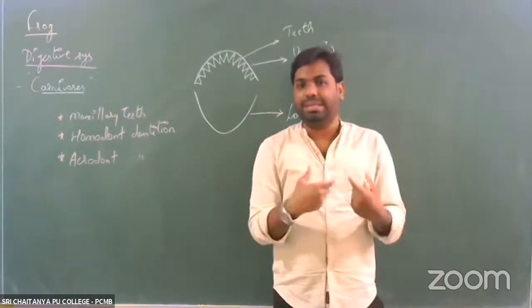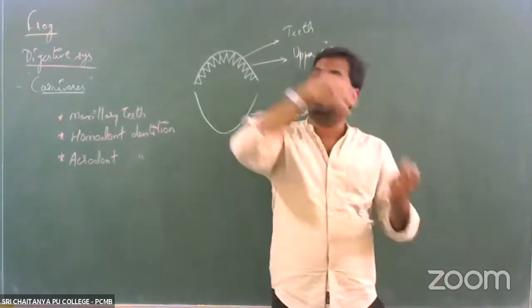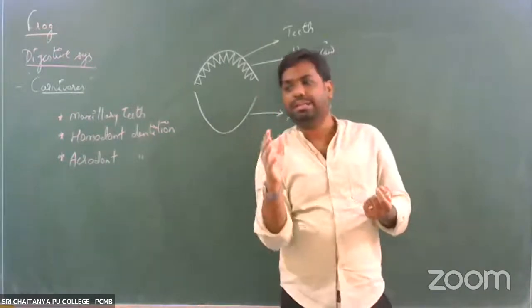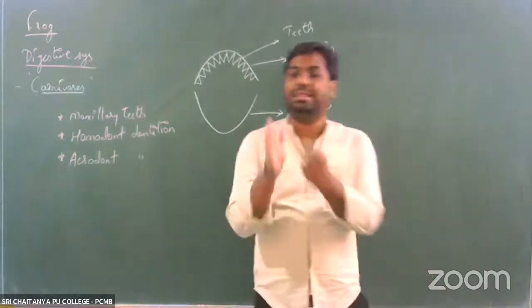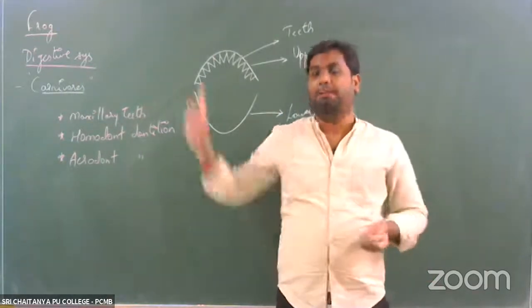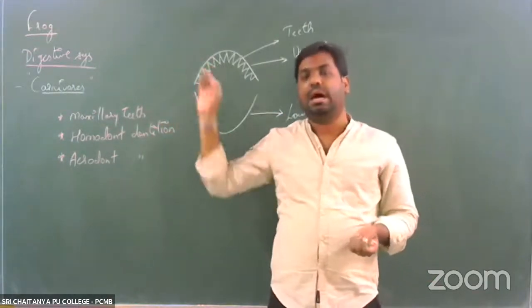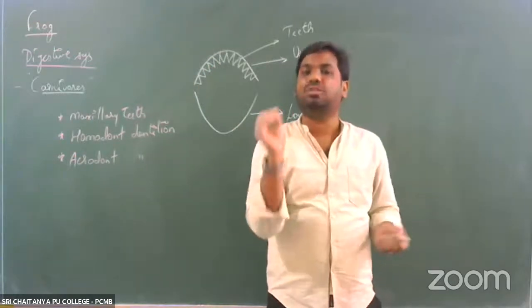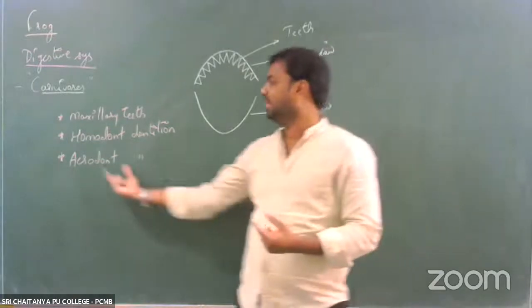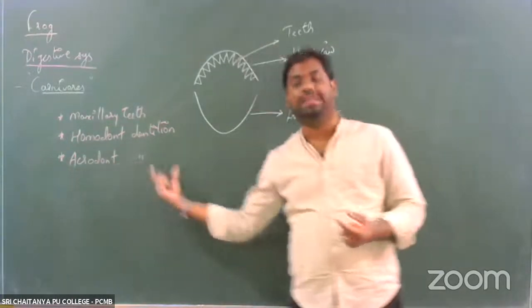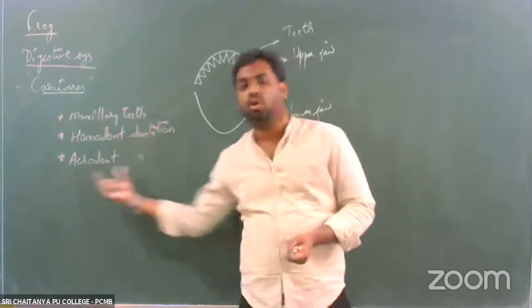We know that human teeth are arranged in the sockets of the jawbone. Such teeth we would call thecodont dentition. But here, since the teeth are superficially arranged on the jaw bone, we would call such teeth acrodont teeth, or such dentition acrodont dentition.